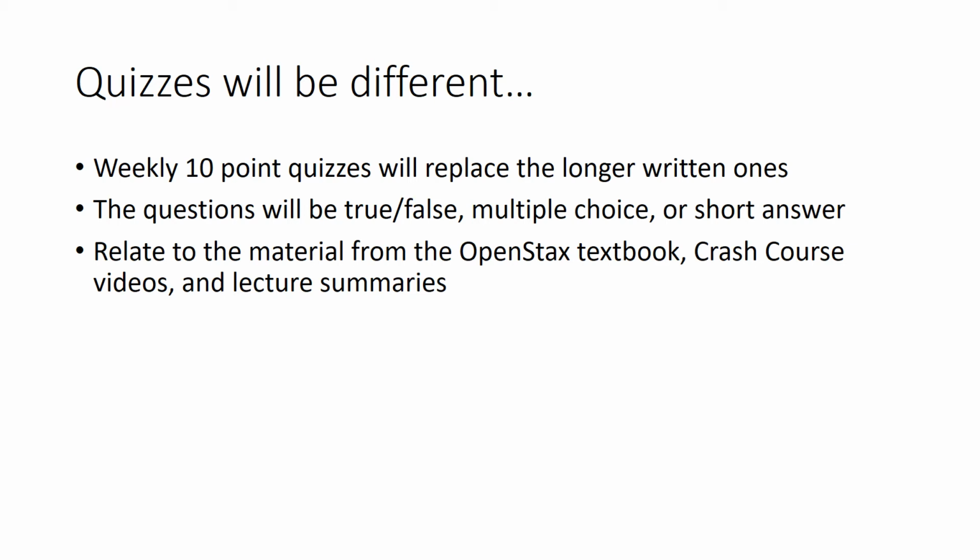And the question styles will be different. For example, we'll have a little bit of true and false, maybe some multiple choice, maybe a couple of short answer. It'll probably vary from week to week, but the information that you'll be quizzed on is related to the OpenStax textbook, the Crash Course US History videos, and my lecture summaries.